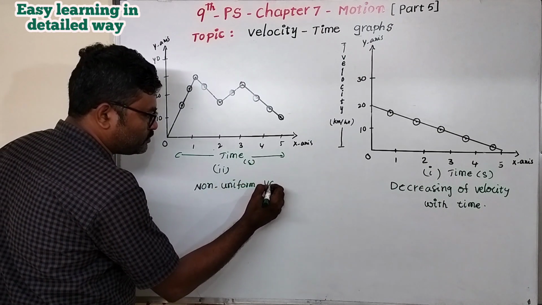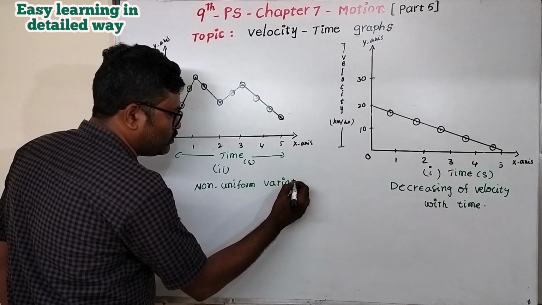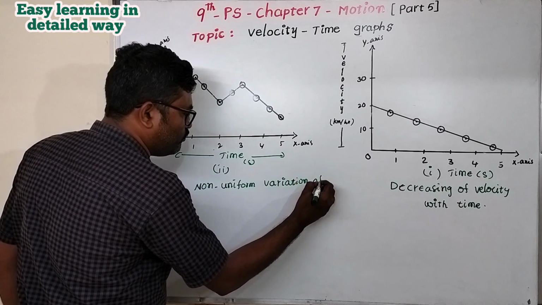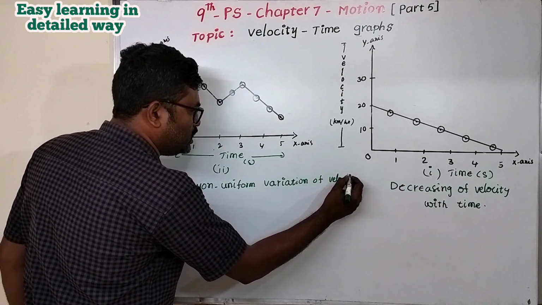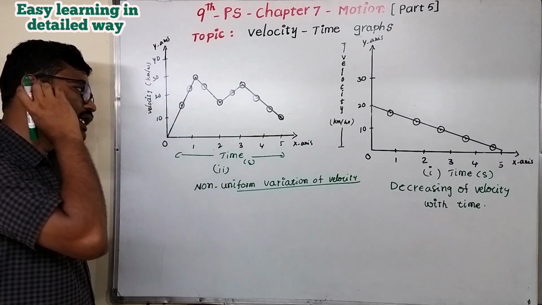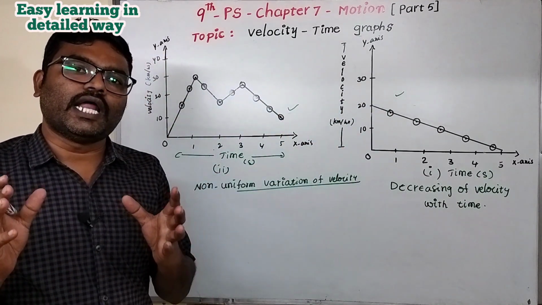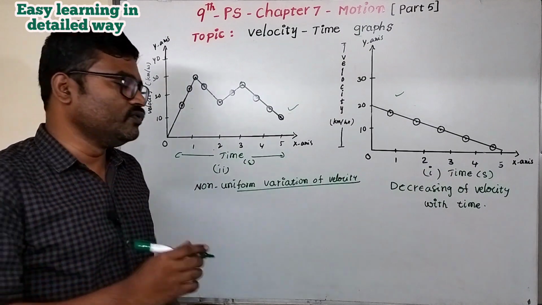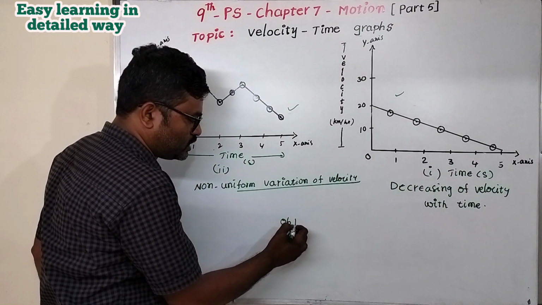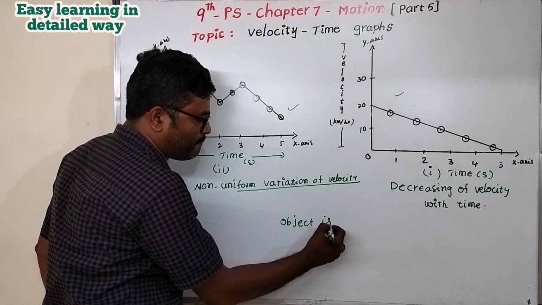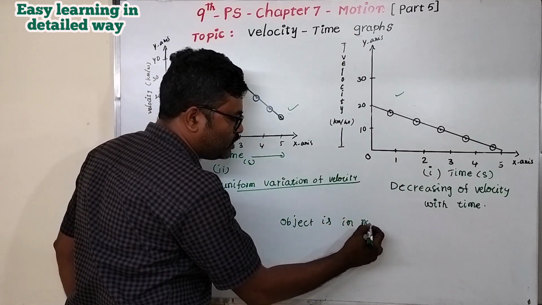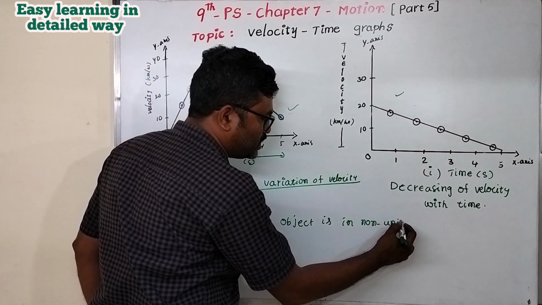Non-uniform variation of velocity. See, these two graphs show an object in non-uniform acceleration.